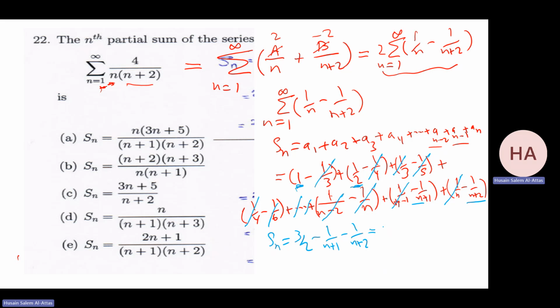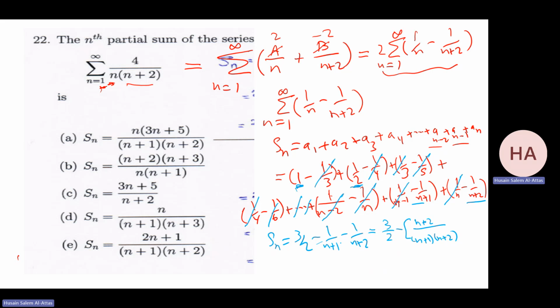So I have what? 3 over 2 minus, you know what, let me do the calculation. That will be 3 over 2. This will be what? n plus 1 times n plus 2. The sum of this, that will be n plus 2.